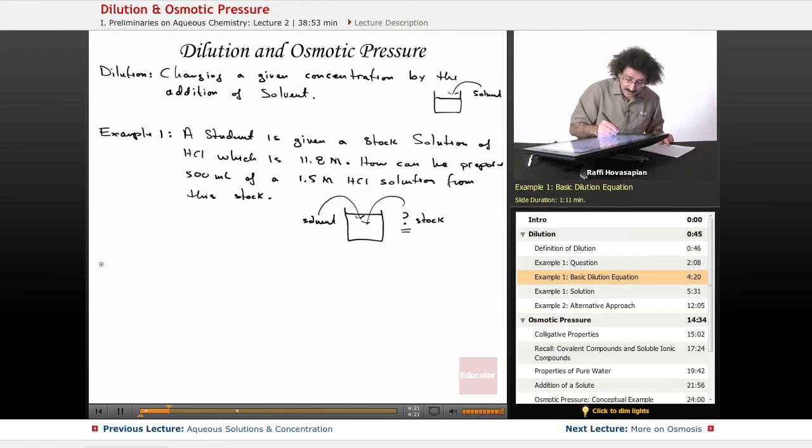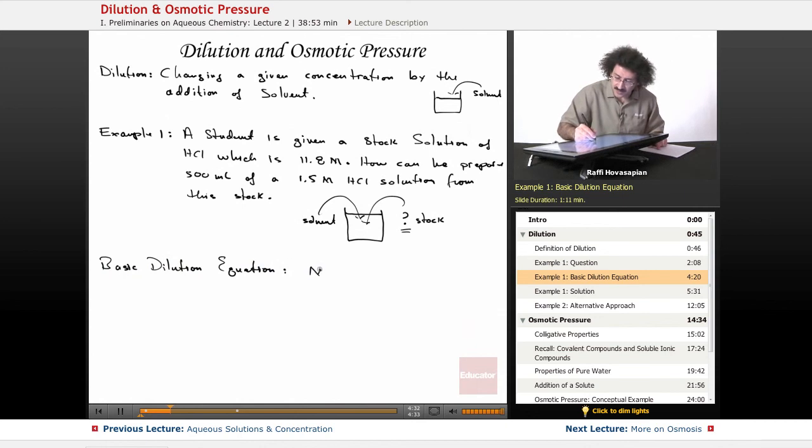Okay, so the basic dilution equation is as follows. It says that the initial molarity of something times its initial volume is equal to its final molarity times its final volume, also written as M1V1 equals M2V2.